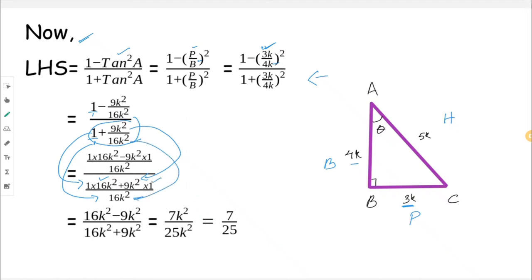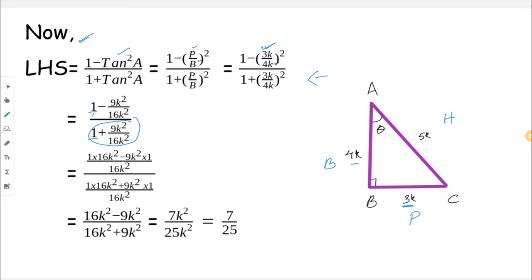Once we're done with that, I can divide the denominators. Then 1 into 16k square minus 9k square, and the same thing, 16k square plus 9k square. That is what we will get.